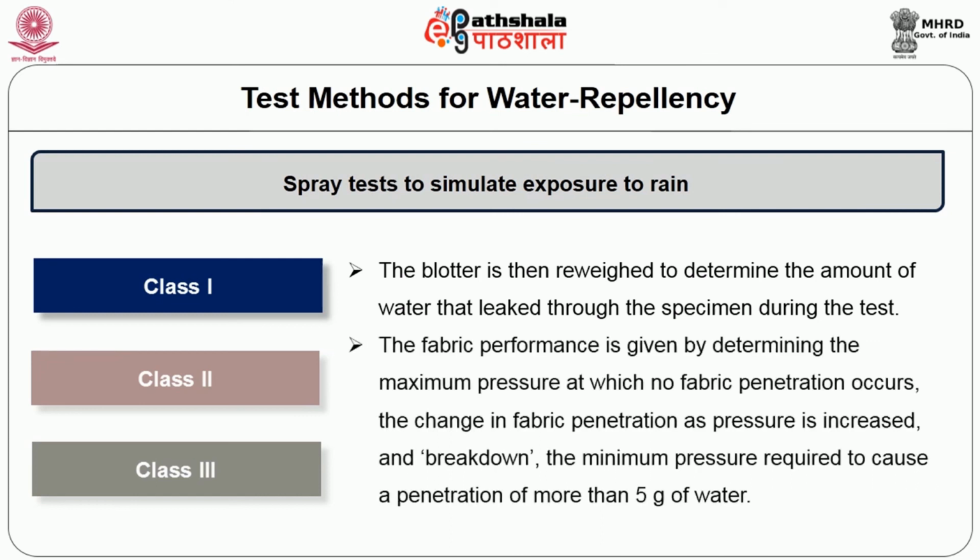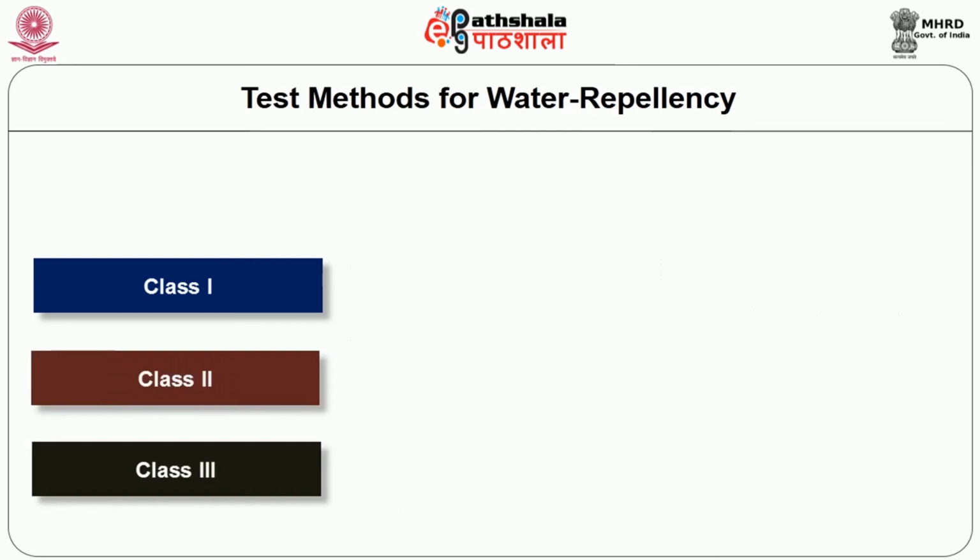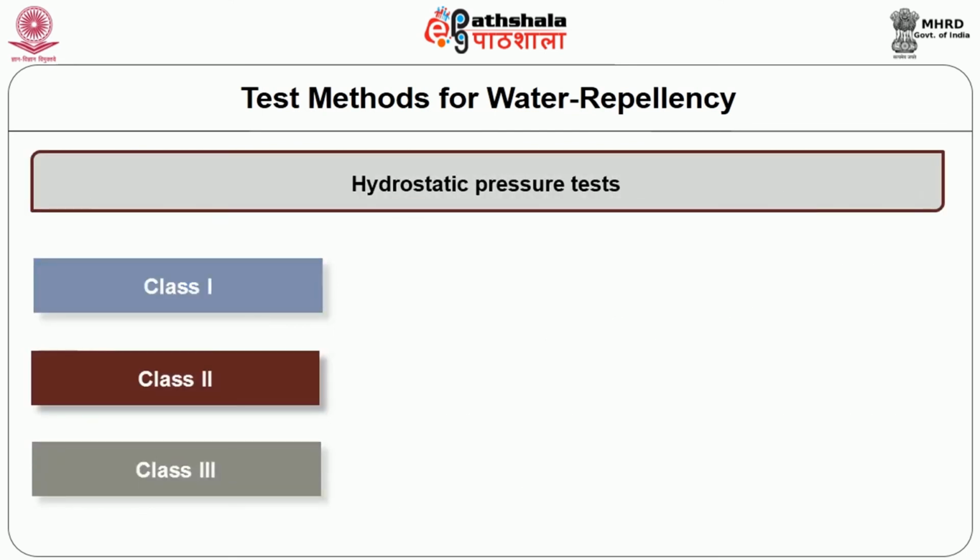The fabric performance is given by determining the maximum pressure at which no fabric penetration occurs, the change in fabric penetration as pressure is increased, and the minimum pressure required to cause a penetration of more than 5 grams of water. Class 2, hydrostatic pressure test.